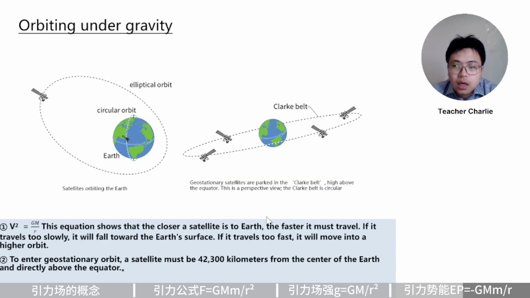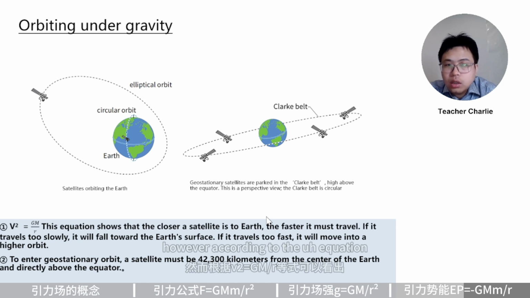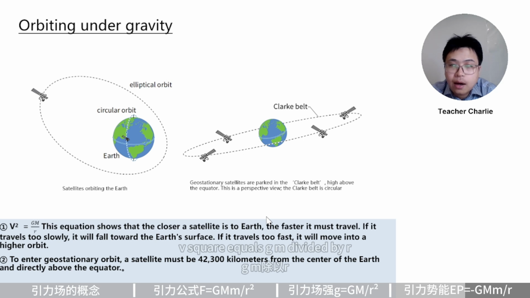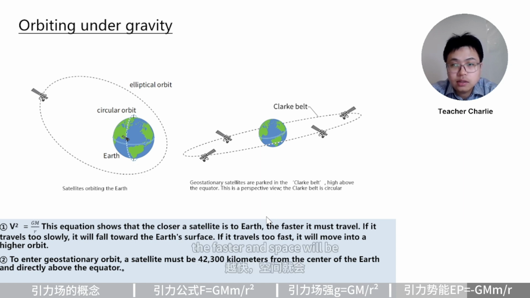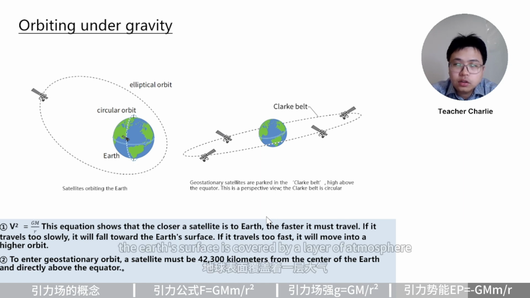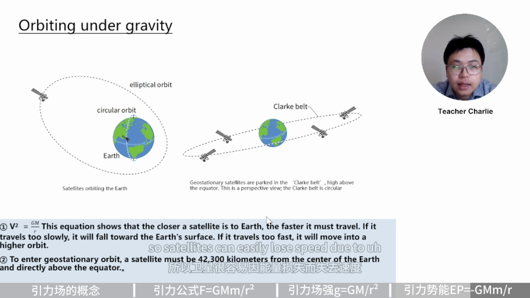Okay. However, according to the equation v squared equals GM divided by r, it can be seen that the closer the satellite is to the Earth, the faster its speed will be. The Earth's surface is covered by a layer of atmosphere, so satellites can easily lose speed due to kinetic energy loss, causing their orbital altitude to decrease.